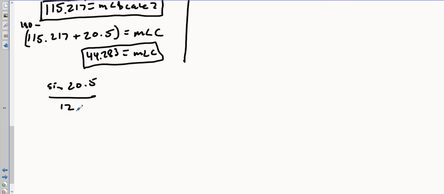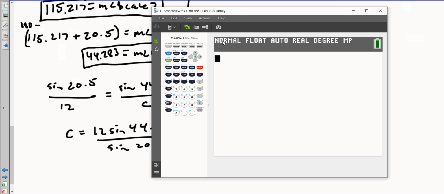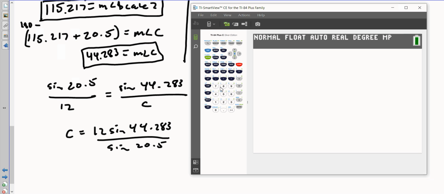That's A, and we're going to take the measure of angle C, so it's going to be the sine of 44.283 divided by C. Cross multiply, and C is going to equal 12 times the sine of 44.283 divided by the sine of 20.5. Go on your calculators just to make sure you can do this and verify what C is.